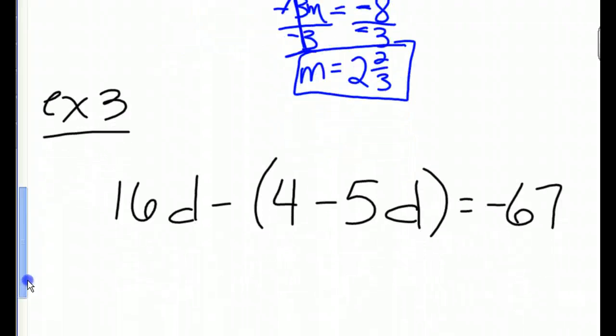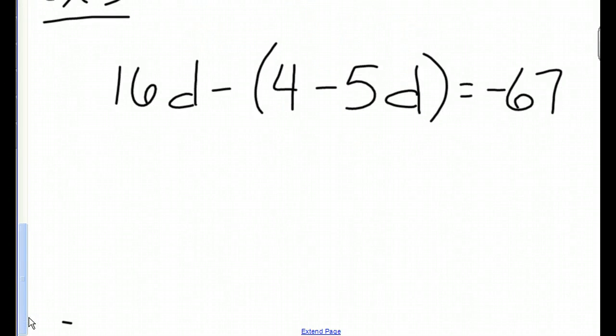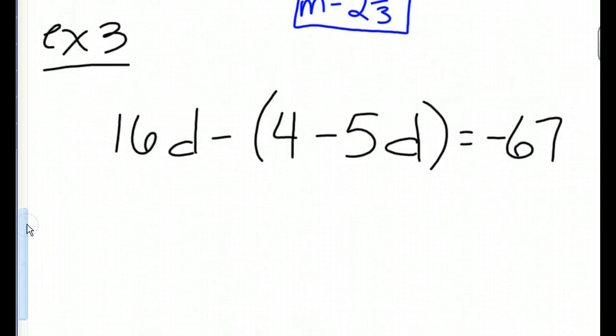All right, example 3. You might be thinking, what's up with this example? Because there's just this negative sign here and there's nothing there. Well, this is just like having a -1 out front, or distributing a negative. So we're going to go ahead and do that. A -1 times a positive 4 is going to give us -4.